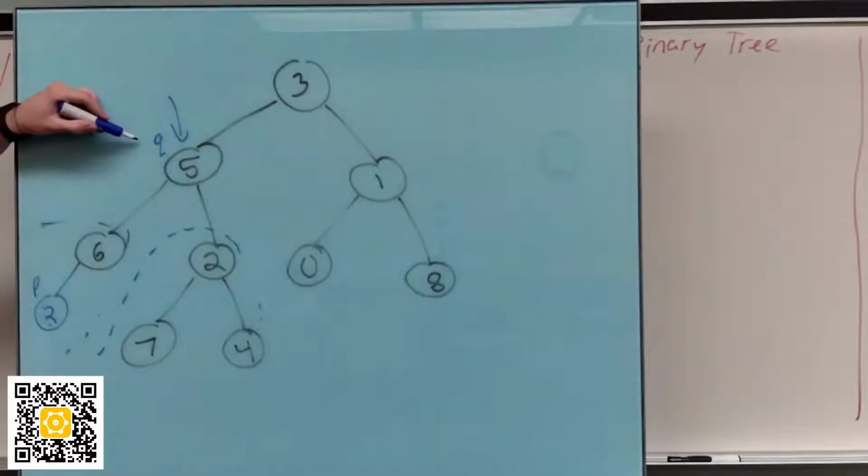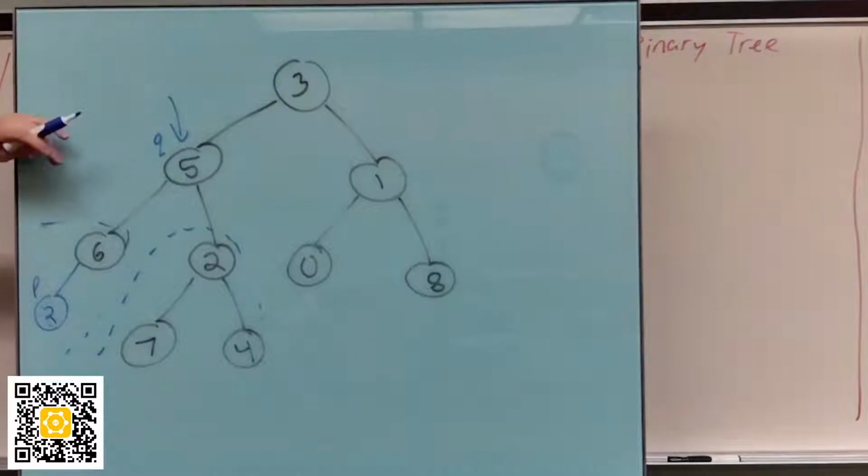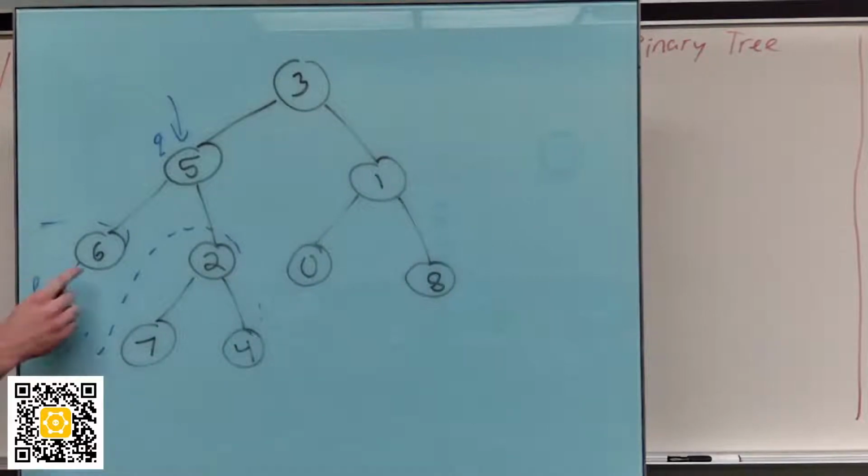And if you're currently on either P or Q and your left or right returns true, that means that the other node is either in the left or right, and you can return it. Did that part make sense?